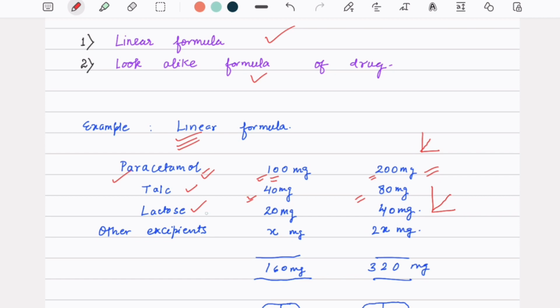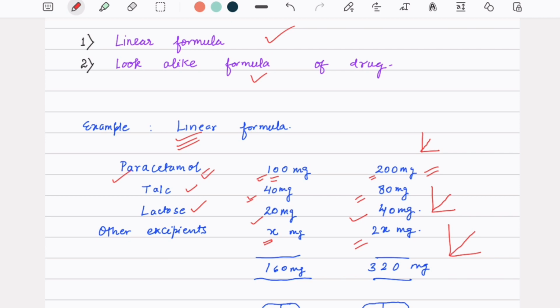Similarly, lactose is 20 mg in the 100 mg strength and 40 mg in the 200 mg strength. Similarly, for any other excipient, for example if it is x mg, then in the 200 mg strength we will have 2x mg. Whatever API or excipients you are using in this formulation are increasing in a linear manner.